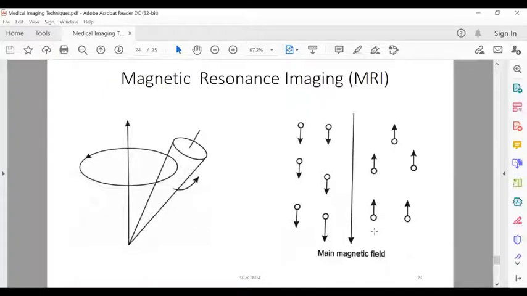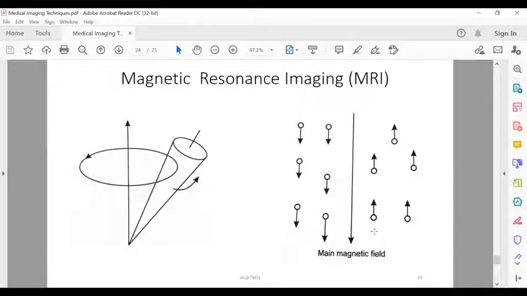Now if a radio frequency pulse of the same frequency as the precessing nuclei is applied at right angles to the main static magnetic field, the hydrogen nuclei in the tissues get disturbed. They absorb energy and change their orientation with respect to the magnetic field, and they are lifted to a higher energy state.